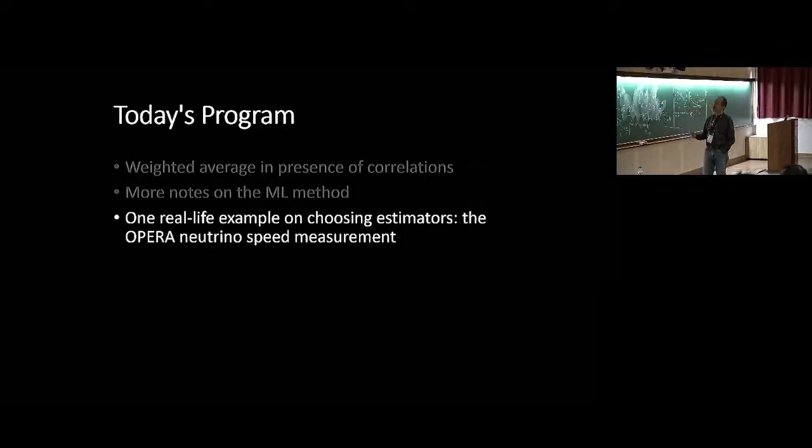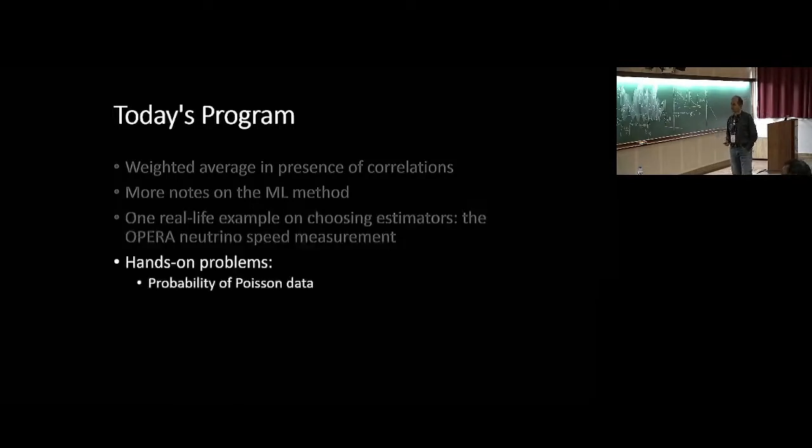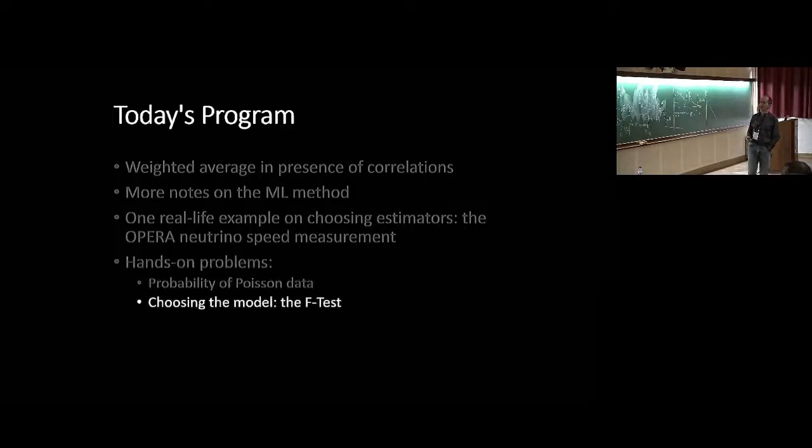And we will look into that measurement, not for the sake of finding out what was wrong with the Opera measurement, because it was later found that there was a systematic uncertainty in the measurement. Well, I'll discuss it later, but just to look at estimator issues. Then we'll look at the probability of Poisson data.